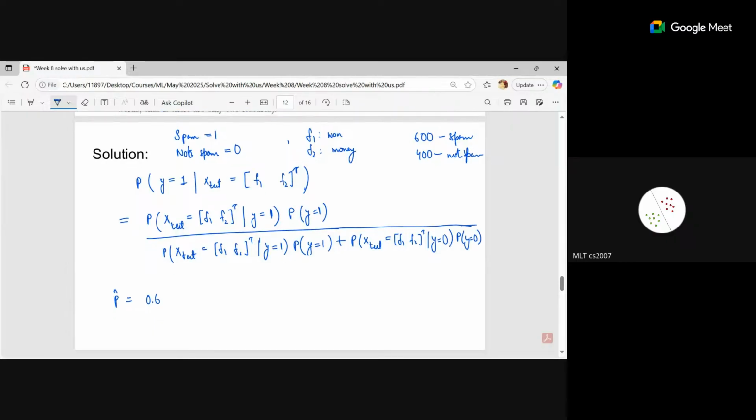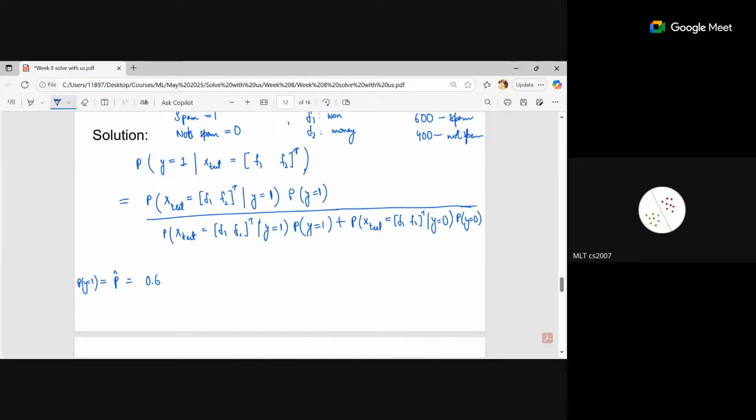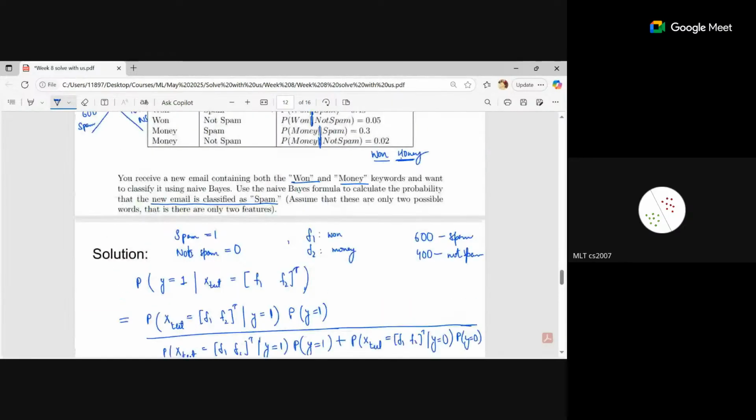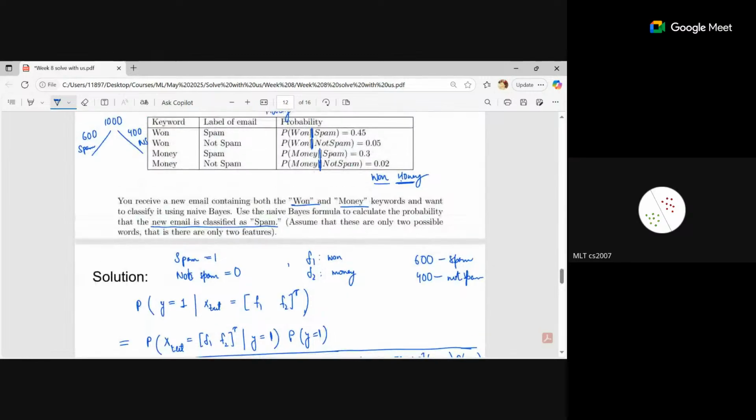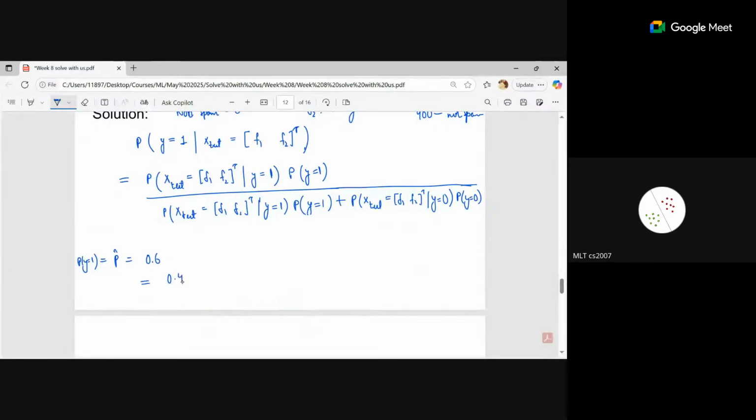And p hat is basically the estimate for probability y is equal to 1. Now, again, we use the class independence condition. So what do we get in the numerator? Probability of f1 given y is equal to 1, which is probability of one given spam, given to be 0.45, right? So this is 0.45 times probability that.